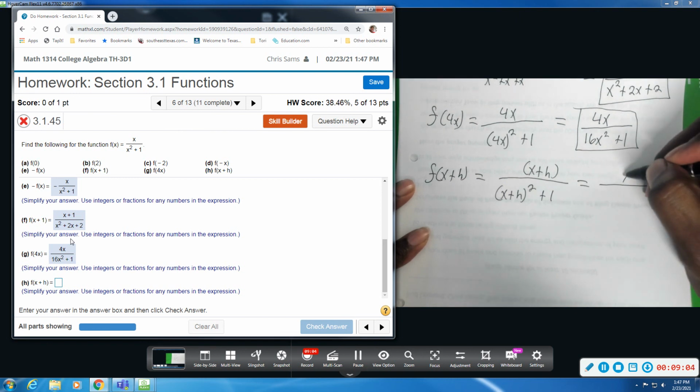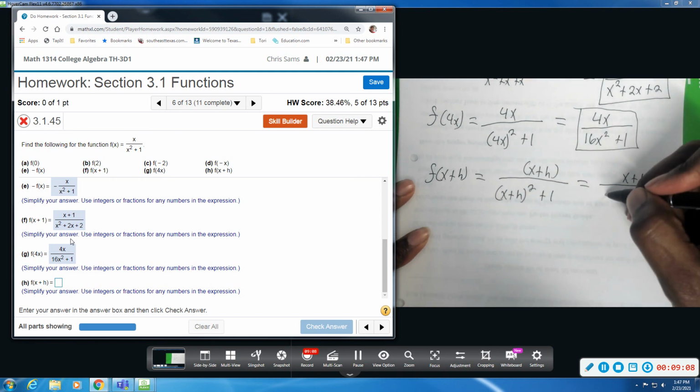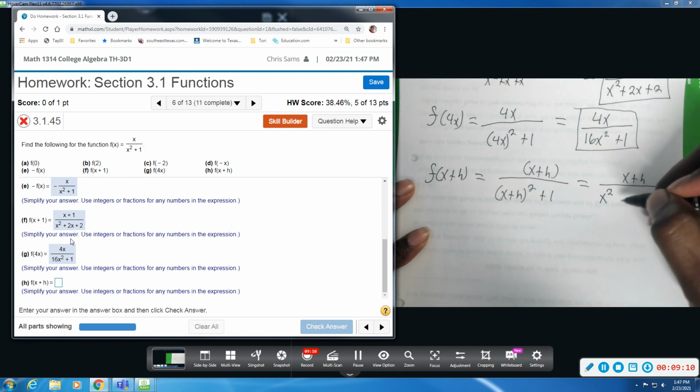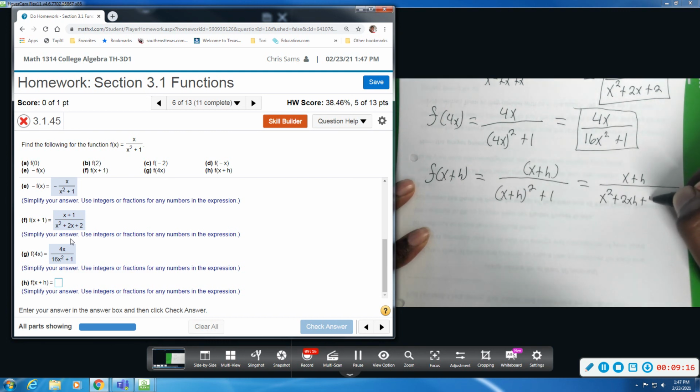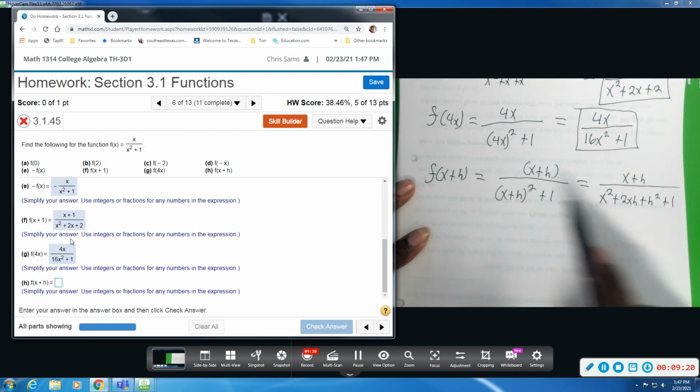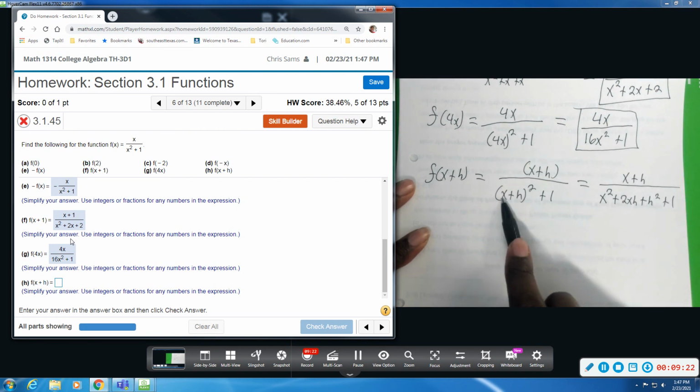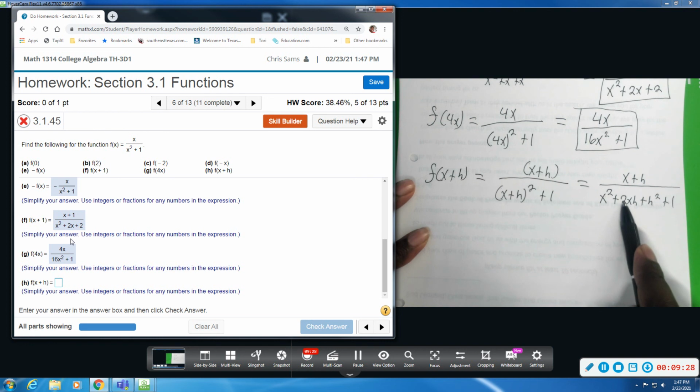So we have x plus h. We're going to FOIL this out, so that's going to give us x squared plus 2xh plus h squared, and then plus 1. What I did is square the first term, multiply these two together, so that's how I got xh, but you always double it, so 2 times that, and then you square the last term, and then add your plus 1.